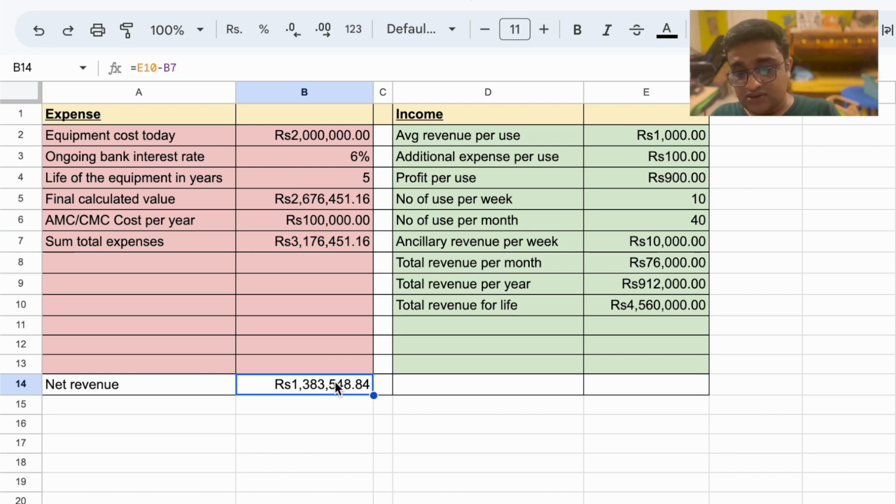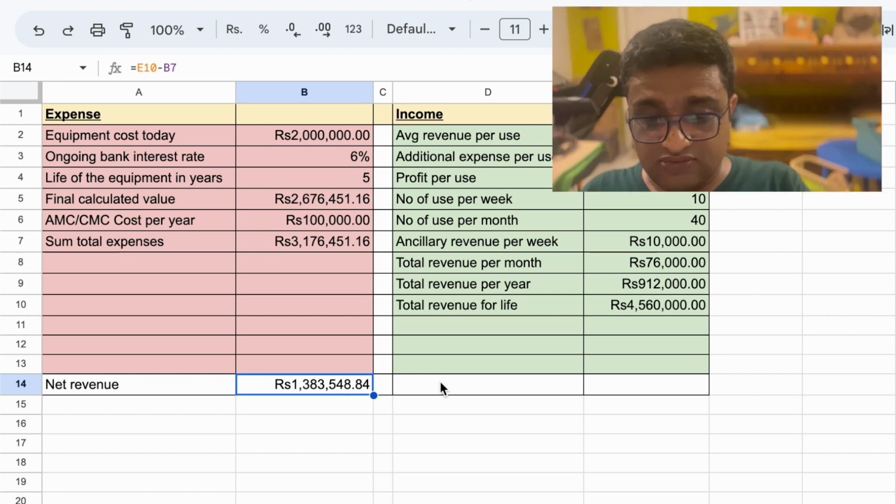This is a simple calculator which I made just to show how to check equipment feasibility, because there are a lot of equipments that we end up buying just for the sake of ownership. It's like buying an elephant. It neither gives you any milk, nor can you use it for routine labor. But yes, it depends on your kind of practice and setup.